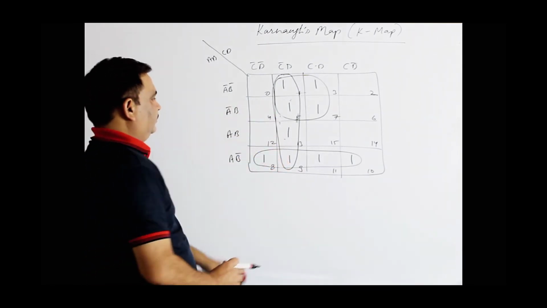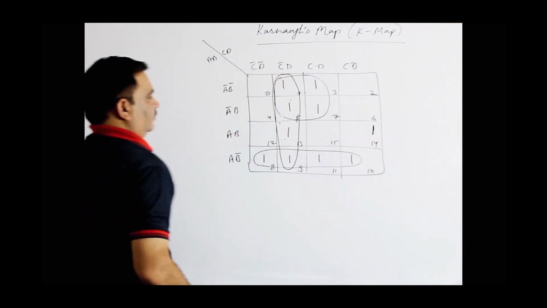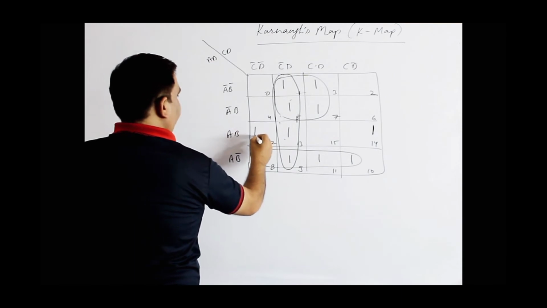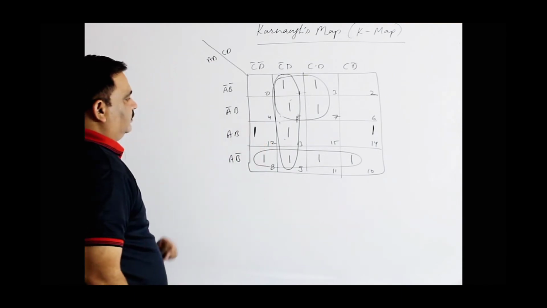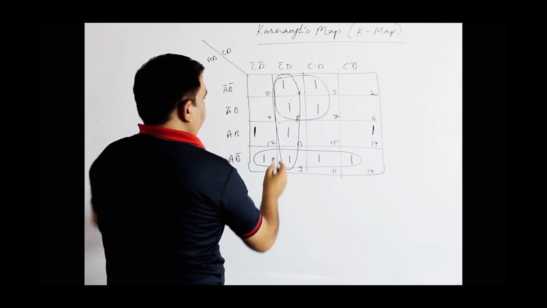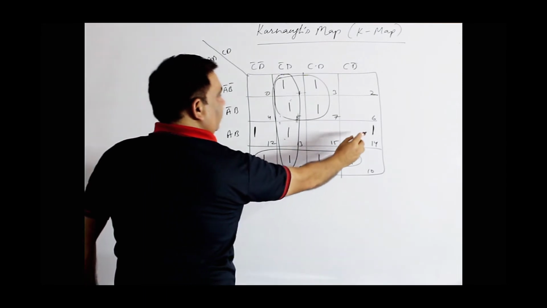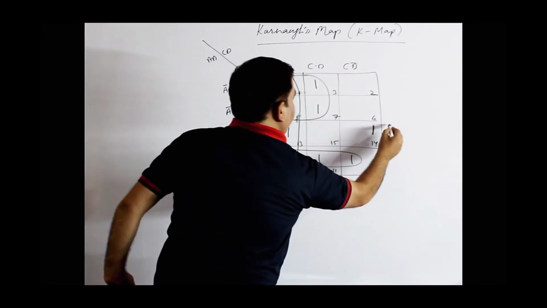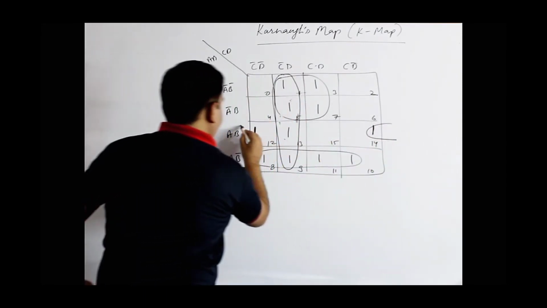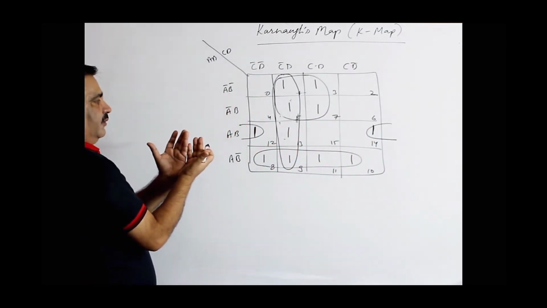One more method. Suppose one is here and one is here. Now what can you do? You can form the quad with this one, and this one will be left. So you can also form the pair taking this and this. This is called the paper fold method.